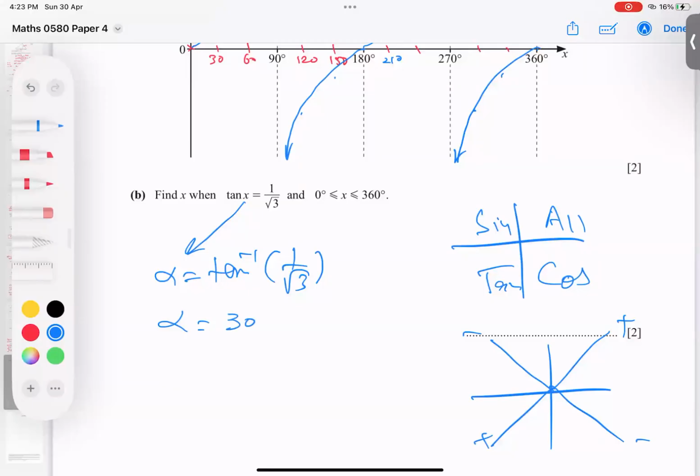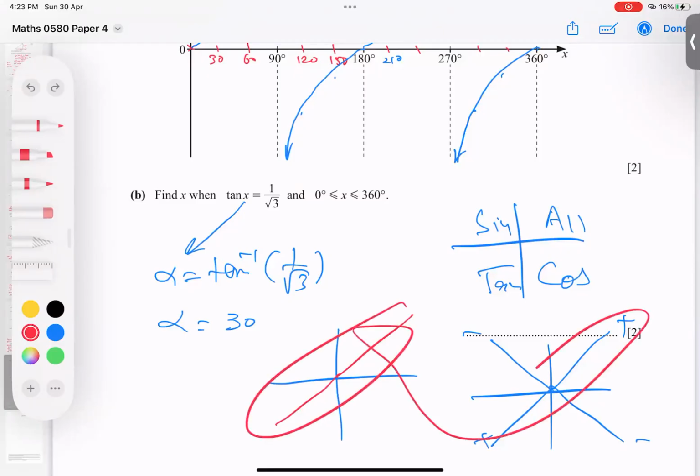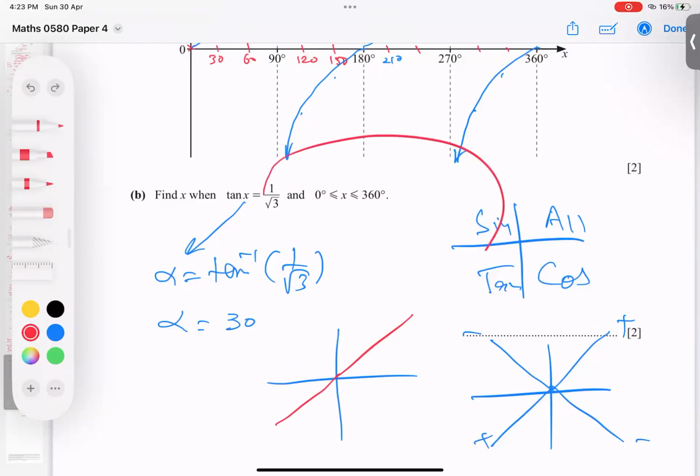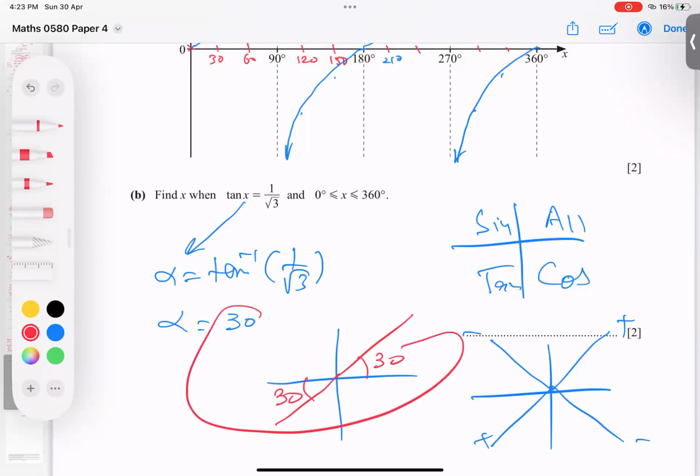If we take tan inverse of 1 over root 3, it gives you 30 degrees. So you will make this cross and make one line here, one line here. Why these two lines? One line up and down, as I said before, because tan is positive here. Always take the angle between the line and the x-axis. And what is the rule of measurement, students?